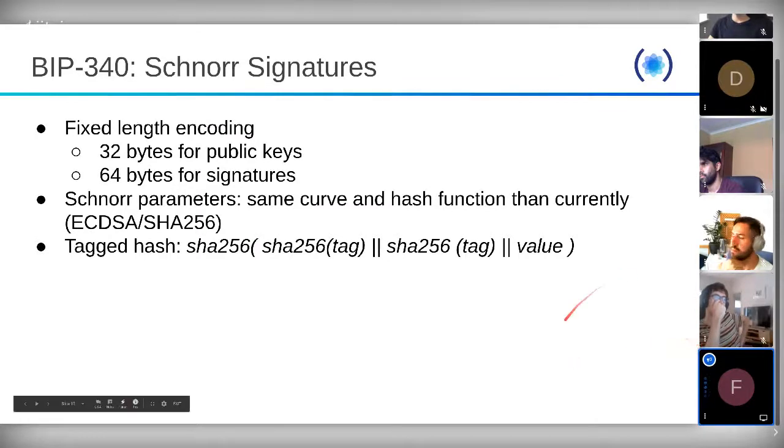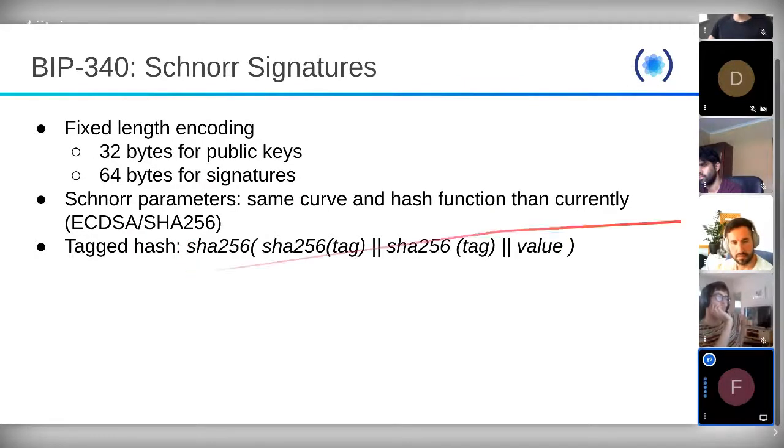When we hash the value, what we actually do is hash the tag, concatenate it twice with the value, and then hash this result. The tag can be TapLeaf, TapBranch, TapTweak, or BIP0340/challenge. It's just free text, to be sure that hash values are not reused in a context they're not meant to be used.